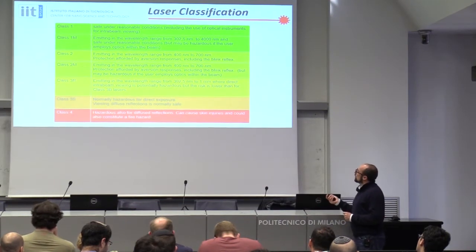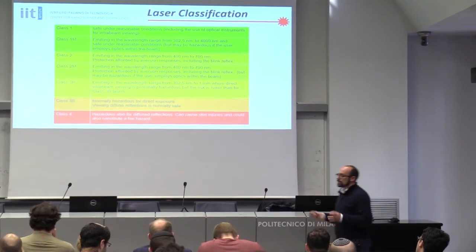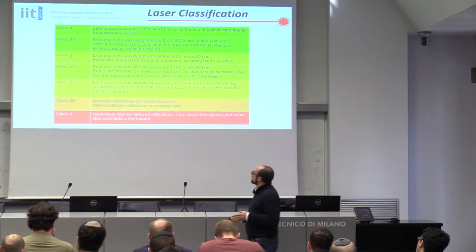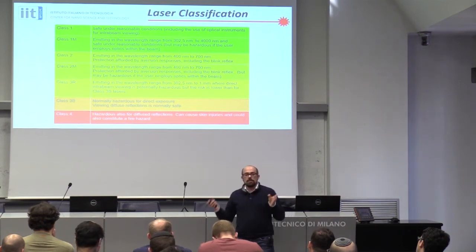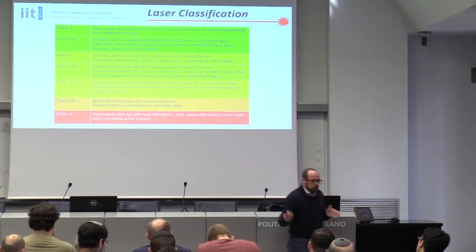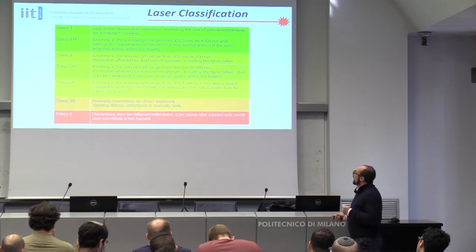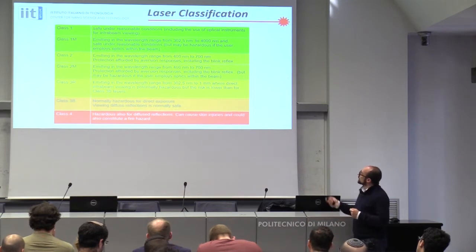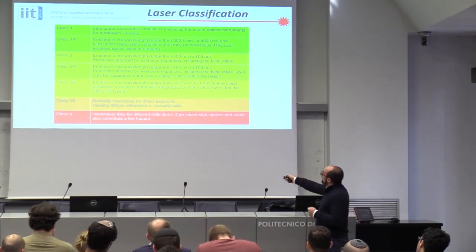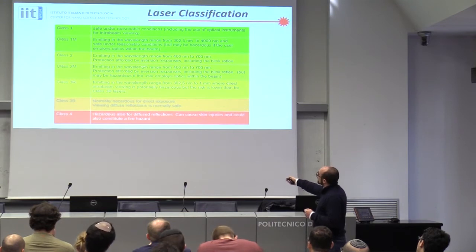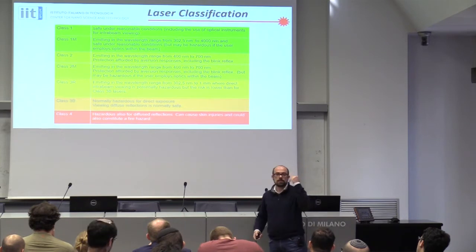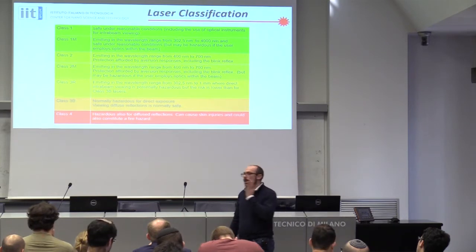Class 2 is a peculiar class because it's just about the visible range, lasers that emit from 400 nanometers to 700 nanometers. And this is quite an important point: they are safe because protection is afforded by aversion responses, like the blink reflex, your eyelids closing or your head moving.